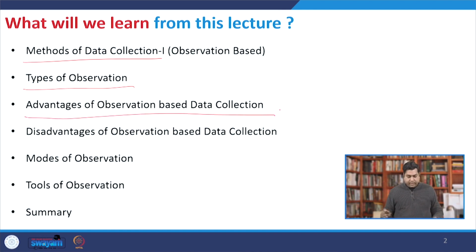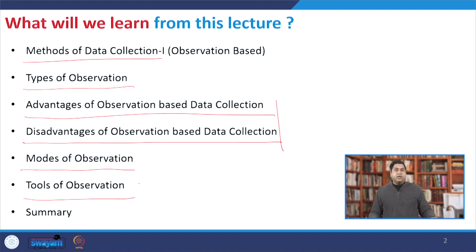We will be discussing the advantages of observation based data collection. Also there are certain drawbacks in observation based data collections, we will also discuss the same. Then different modes of observation, the tools of observations, and then we will summarize our understanding out of this particular lecture.